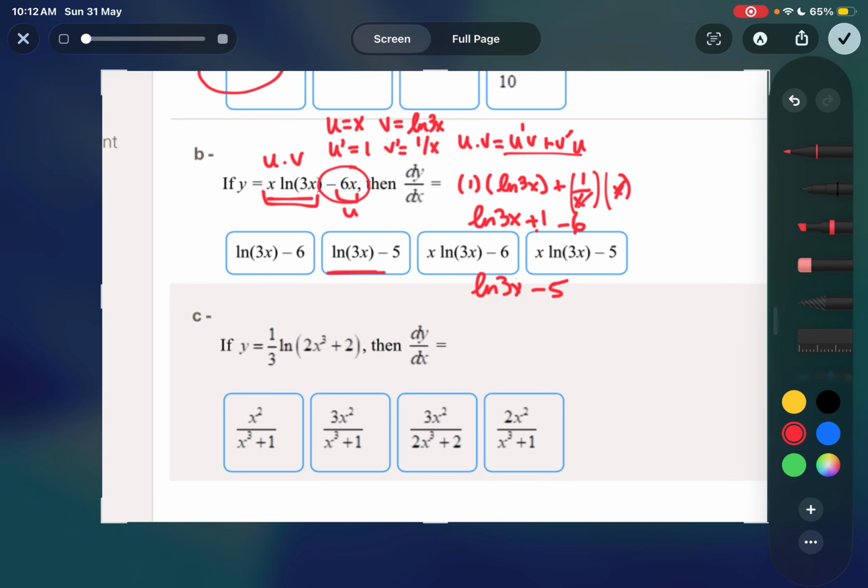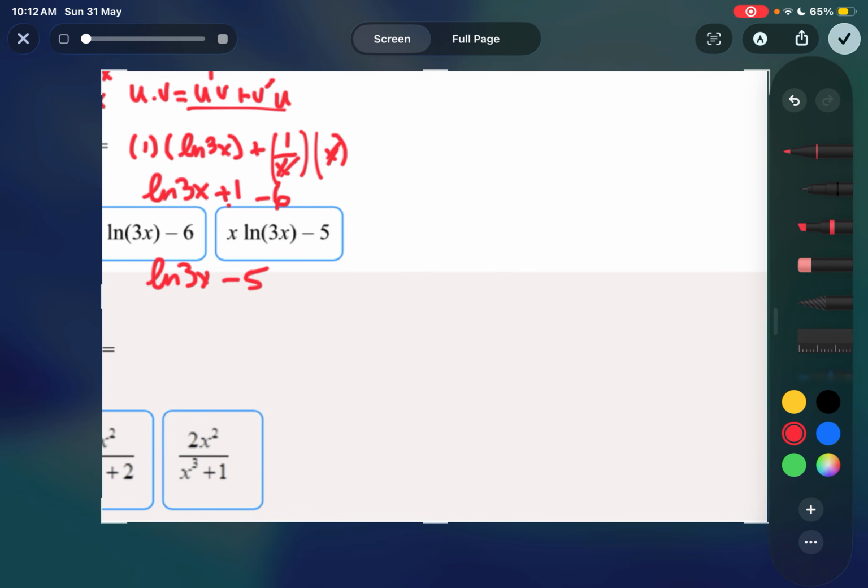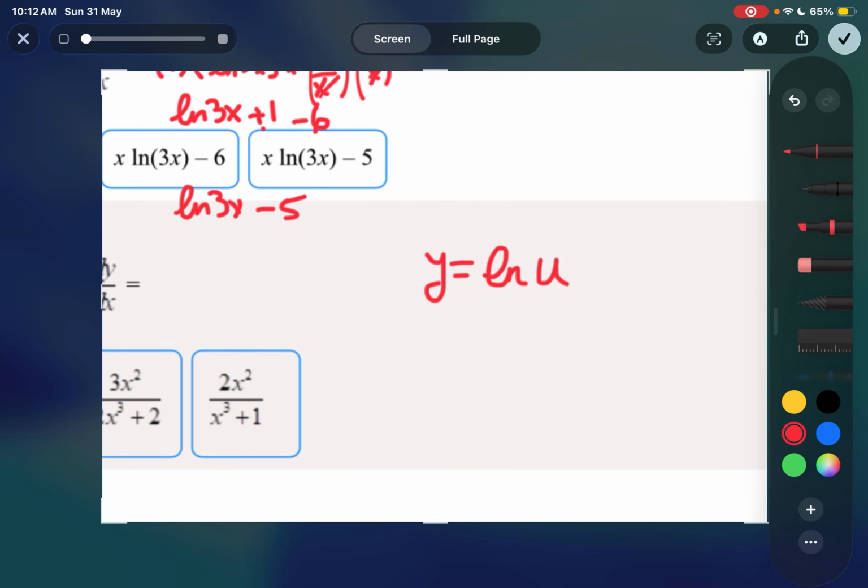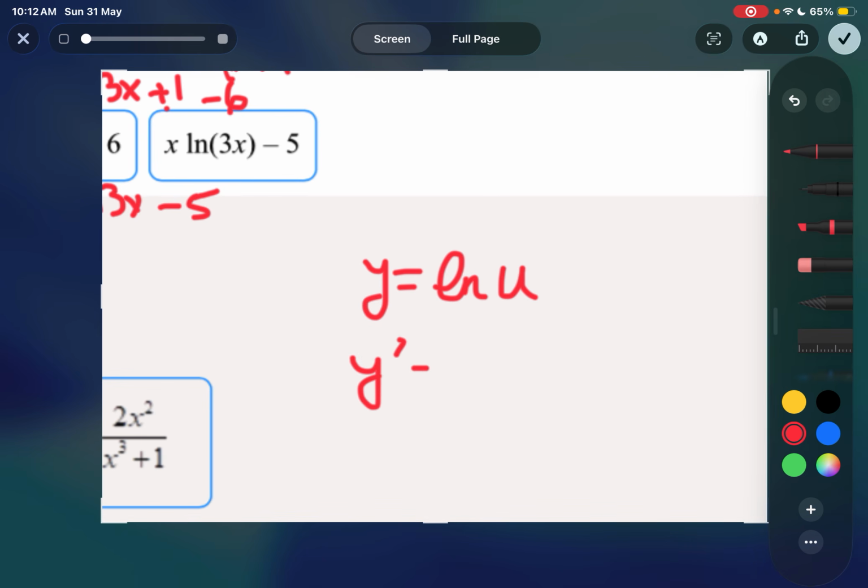Okay, so here they gave us y equal to 1 over 3 ln of 2x cubed plus 2. They want the derivative of this. Look, the formula is: when y is equal to ln of u, and u is an expression, like an equation, like this one, the derivative y prime is equal to u prime over u.